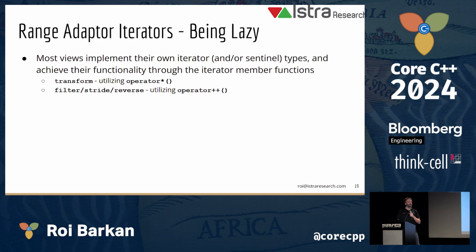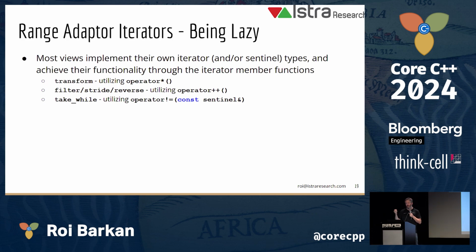Similarly, the filter or stride or reverse adapters, they don't touch the dereference operator. Their main work is on the plus plus or minus minus operators. They basically change the way plus plus works, right? So plus plus on a filter view might actually perform several plus plus steps on the internal view that it had to work with, okay? And then take while, for example, just takes elements until some predicate happens.